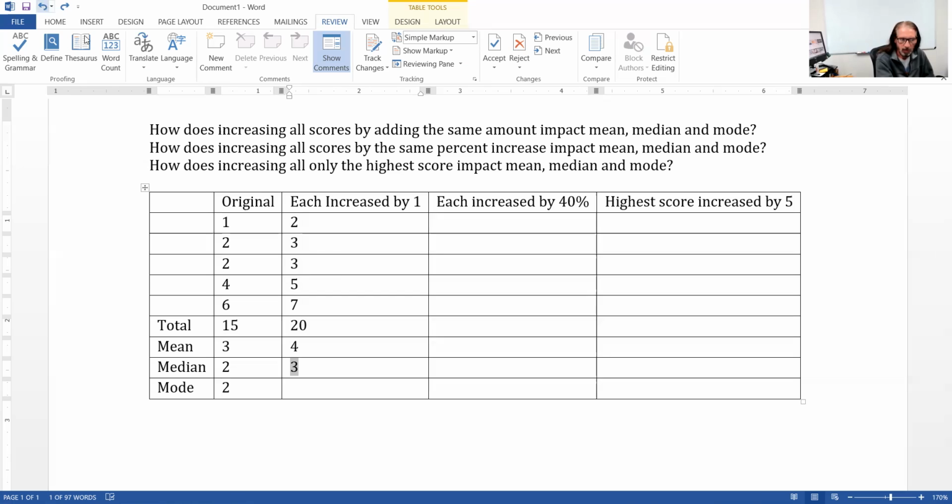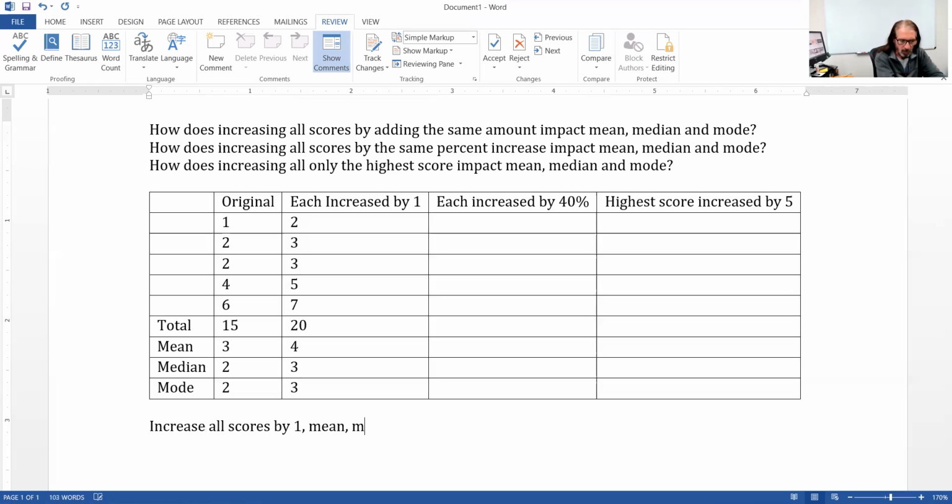And the mode, again, the only repetition is of those 2 3s. So the mode is also 3. So if you increase all the scores by 1, mean, median, and mode will go up by 1.